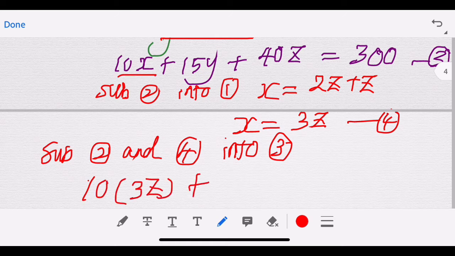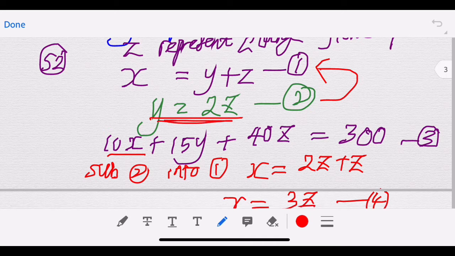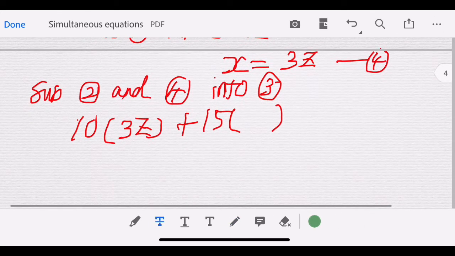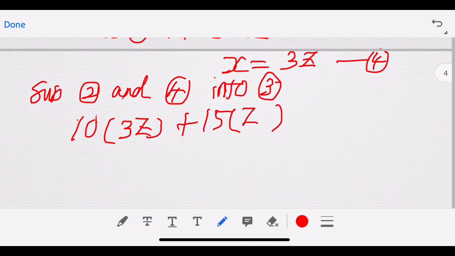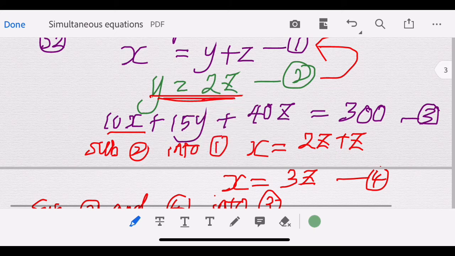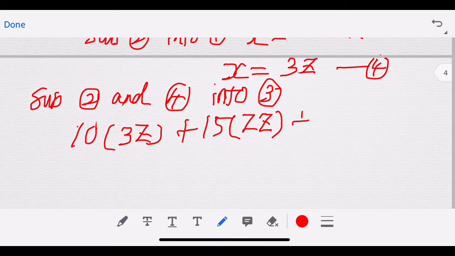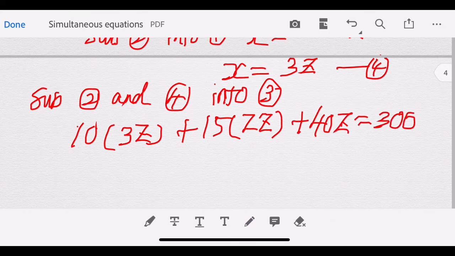10x plus 15y, when we see y, we will substitute with 2z here, right? Okay, so the y is equivalent to 2z, right? Then plus, this is z, so no problem, plus 40z equal to 300, right? So total, we add up all the z.